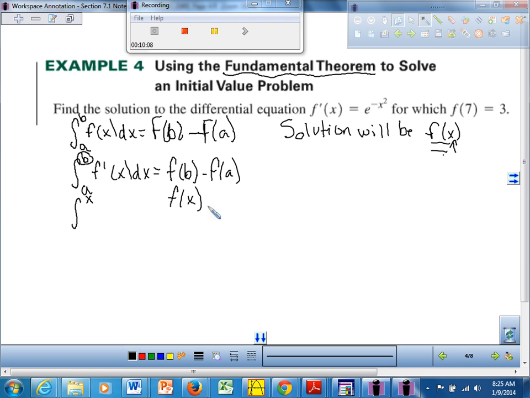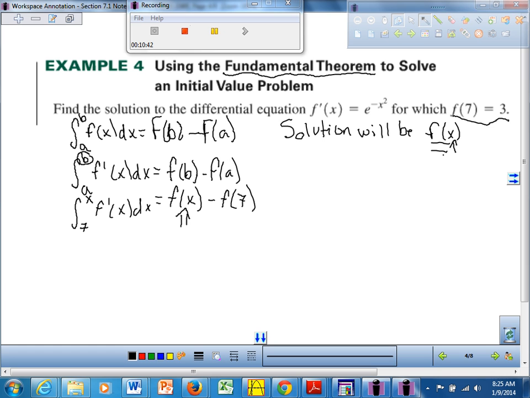Since I know f of 7, I'm going to make my lower limit 7. And that means over here I'll have f of x minus f of 7. And we still have f prime of x dx here. I'm trying to solve for that.